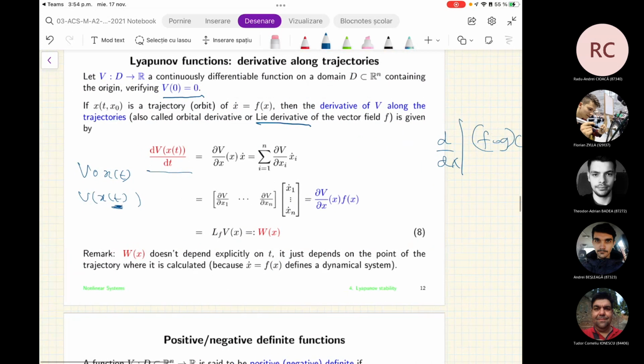Applying the Leibniz rule, dV(x(t))/dt is the partial derivative, because we have more variables, so we use the partial now. So it is dV/dx transposed, the gradient of V with respect to x, times dx/dt. What's the gradient?